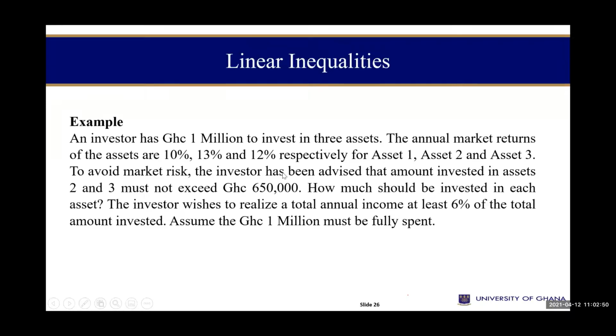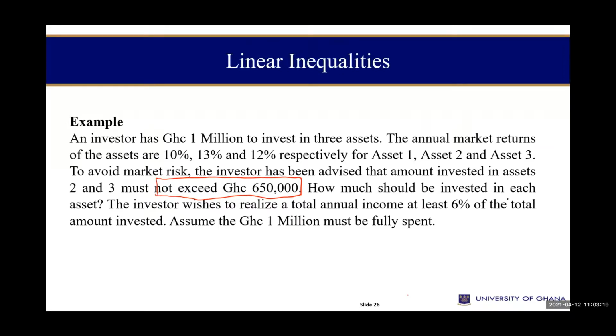An investor has 1 million to invest in 3 assets. The annual market returns of the assets are 10%, 13%, and 12% respectively for asset 1, asset 2, and asset 3. To avoid market risk, the investor has been advised that the amount invested in assets 2 and 3 must not exceed 650.